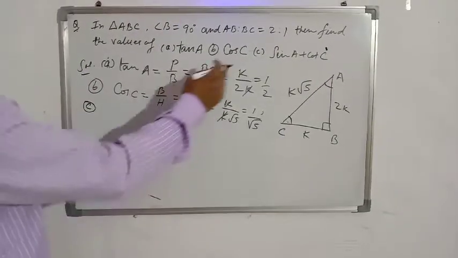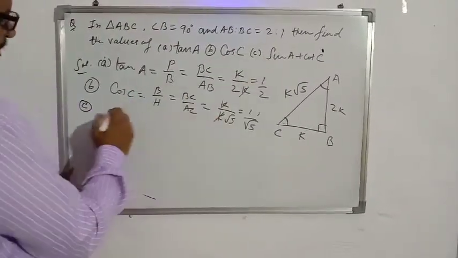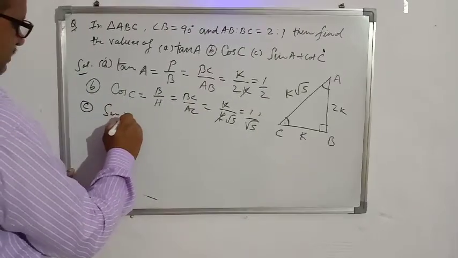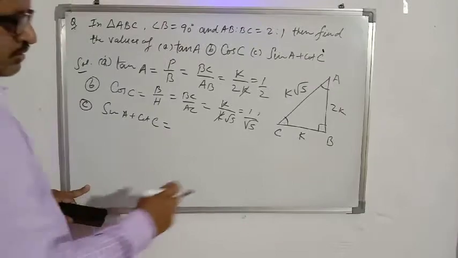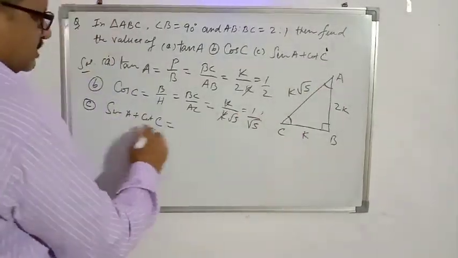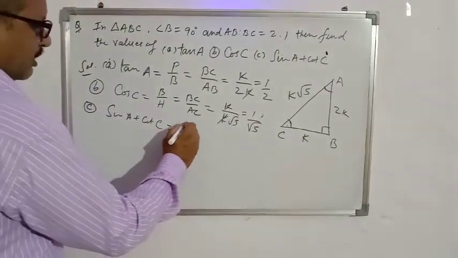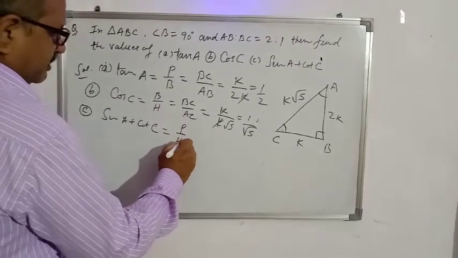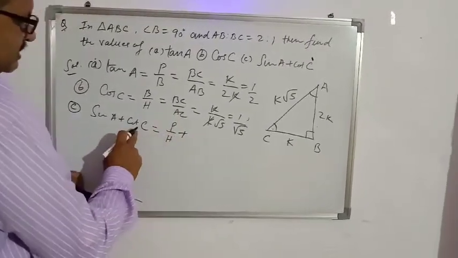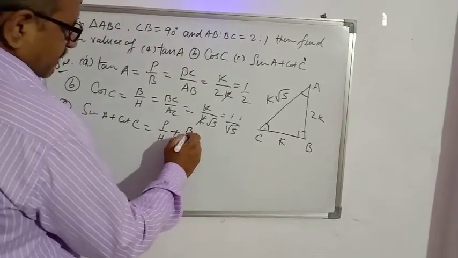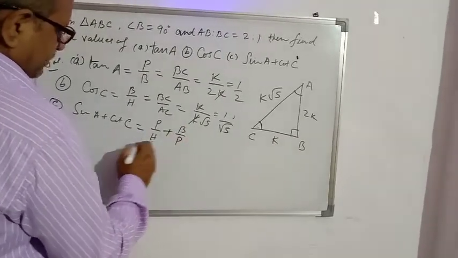Sin A plus cot C. So when we take sin A, it is perpendicular by hypotenuse. And cot C, cot is base by perpendicular.